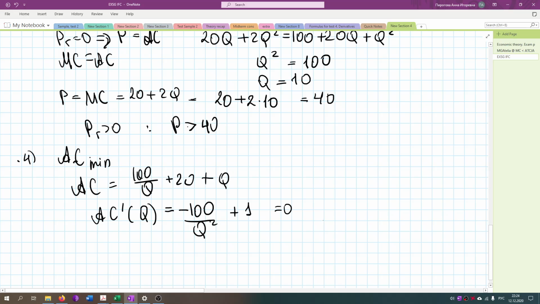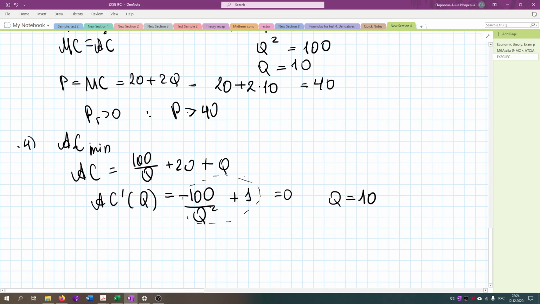And this means that quantity should be equal to 10 to make this equation be equal to 0.